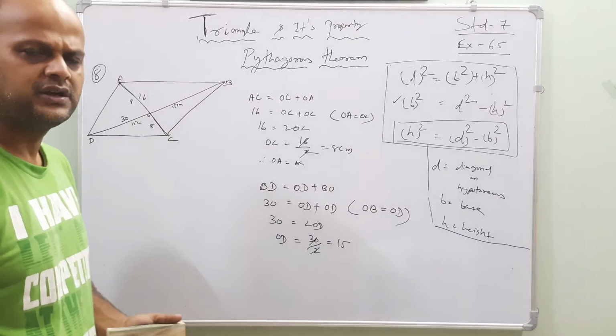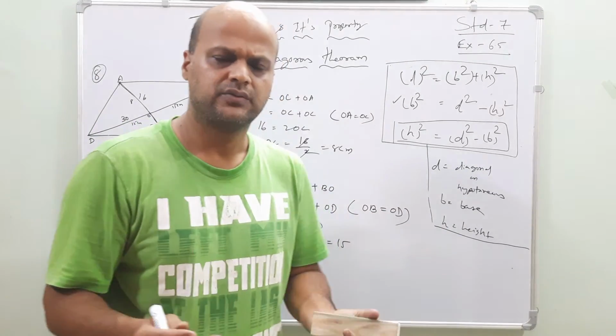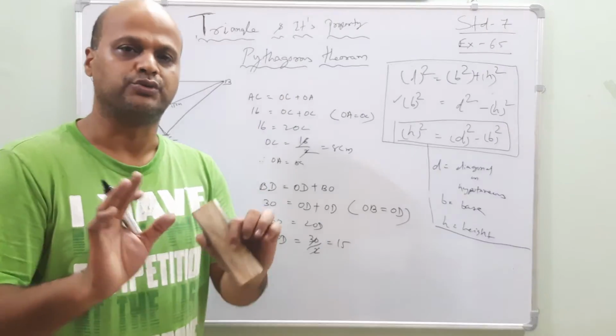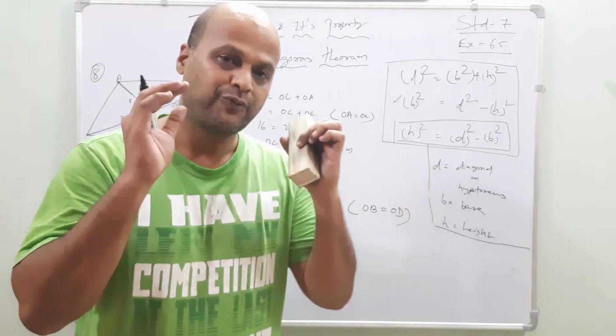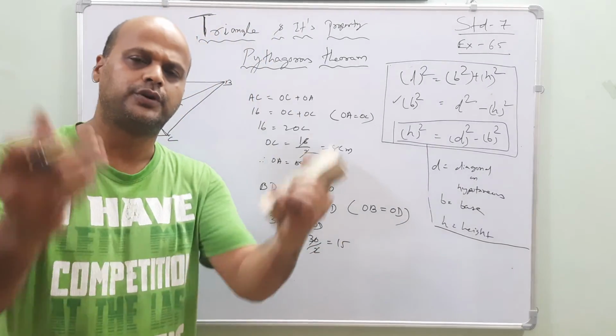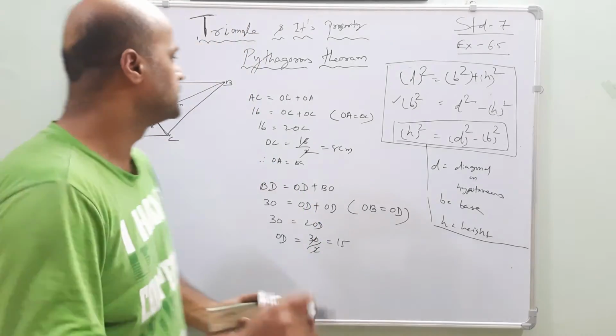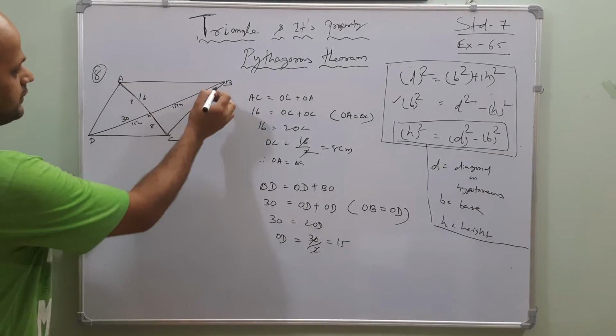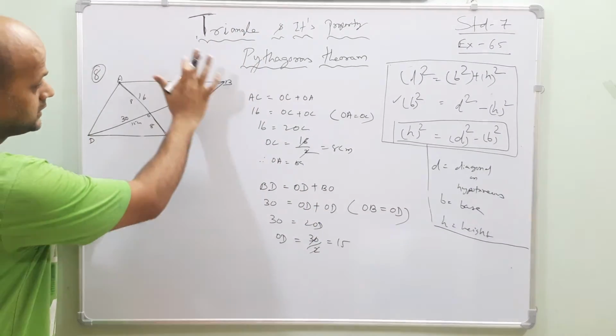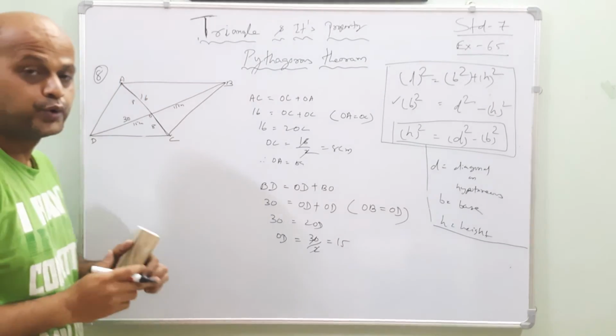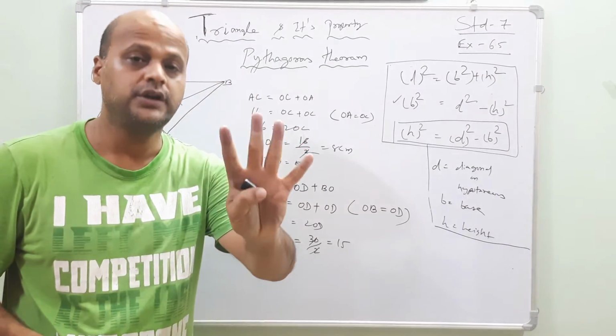Now you just tell me, why, sir, why do you divide the diagonals into 2 equal halves? And why are you finding the value of the diagonals? Why don't you go for the sides? Remember this one. These diagonals divide this rhombus into 4 triangles.